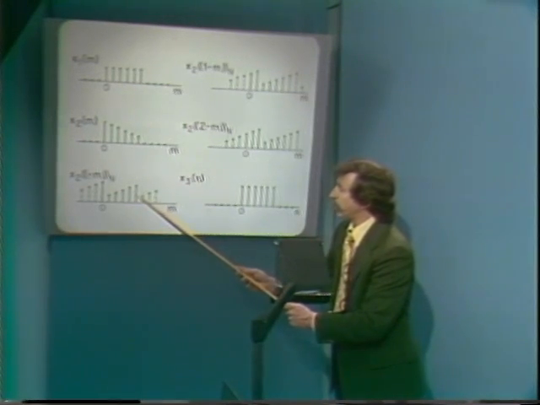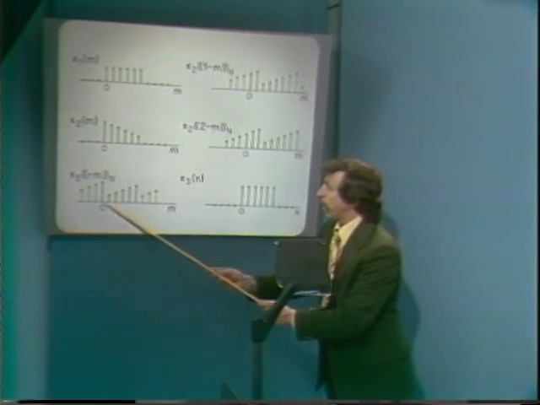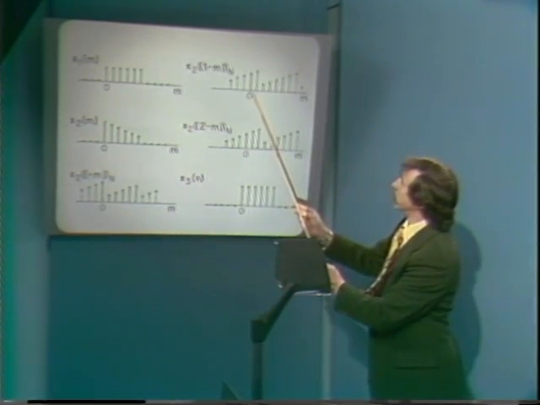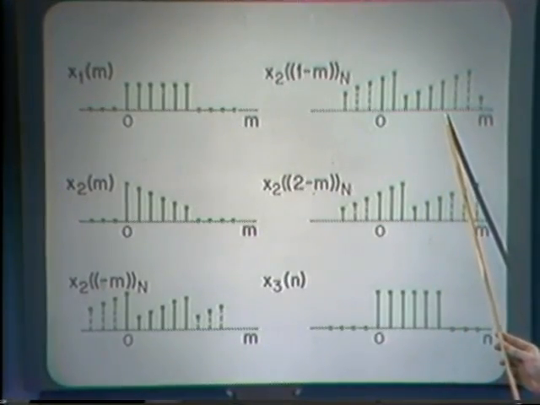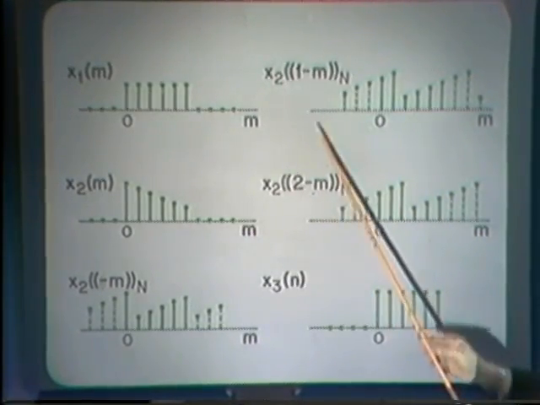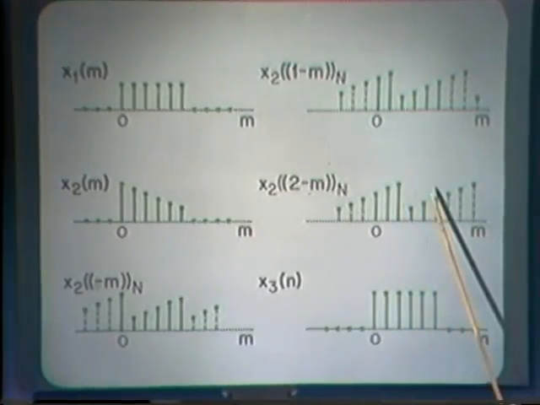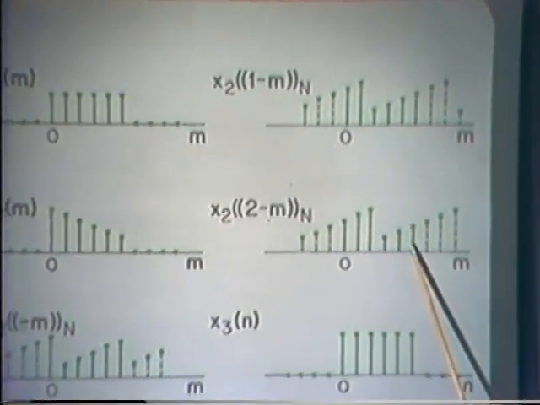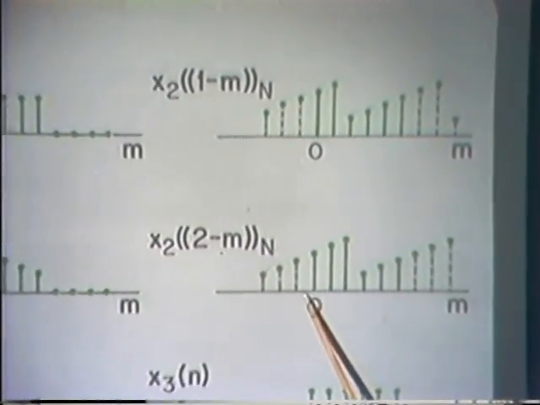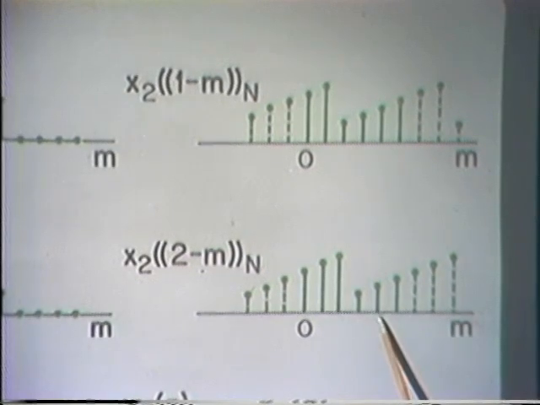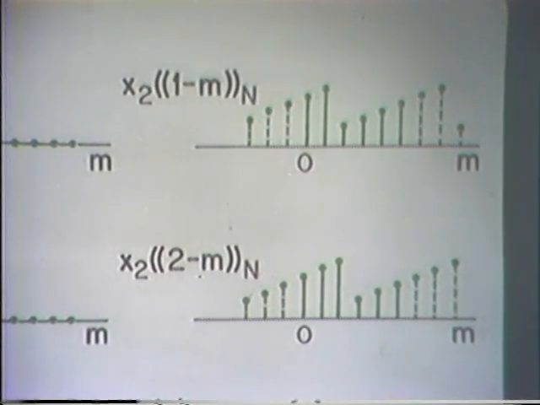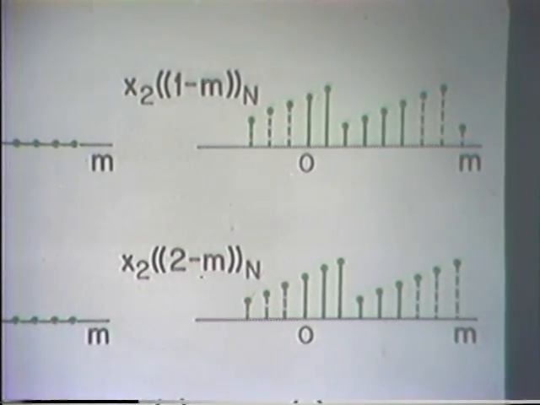And as this point falls off the end, it wraps around to the other side, which is what I've illustrated here. And then if we shift so that little n is equal to 2, another point wraps around the end, as I've indicated, etc. And that's the kind of shifting that gets carried out. In other words, it's a circular shift that's implemented.